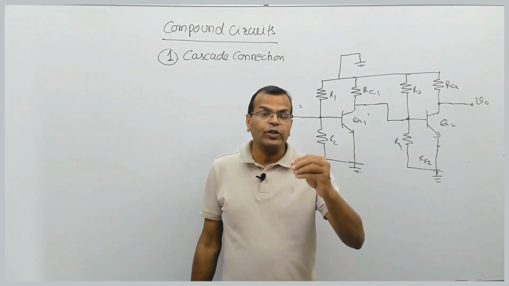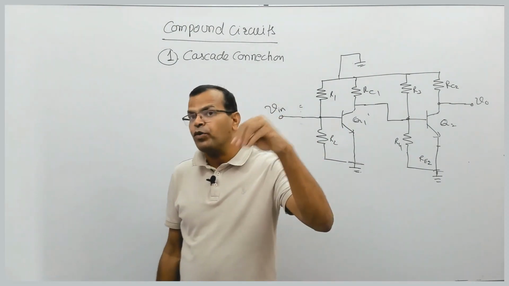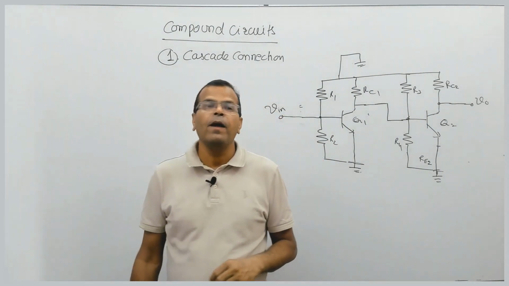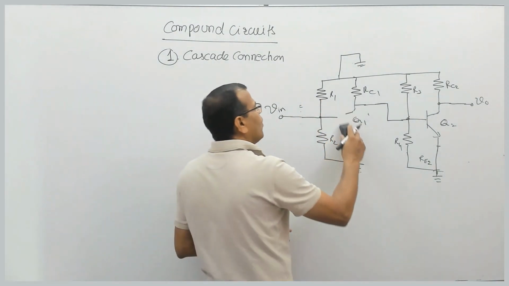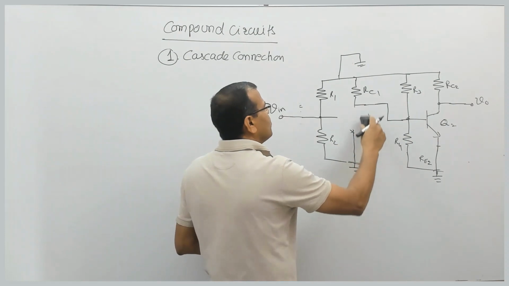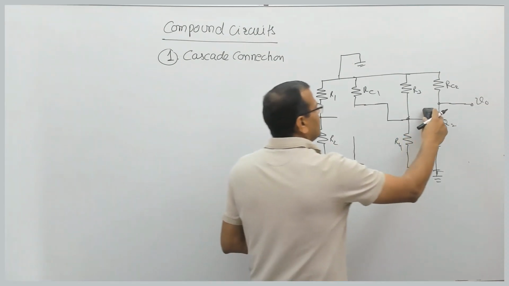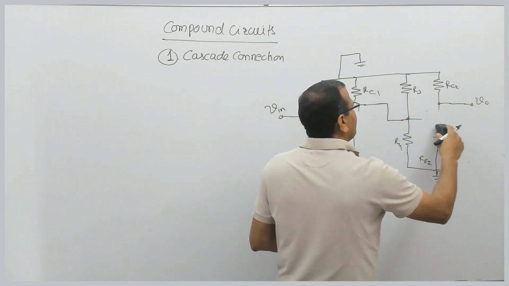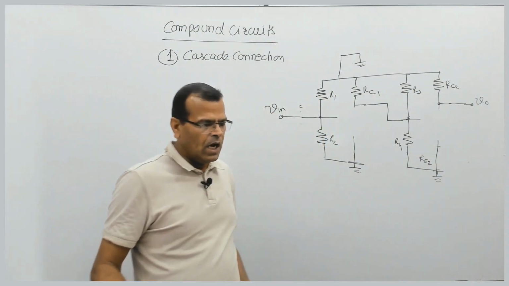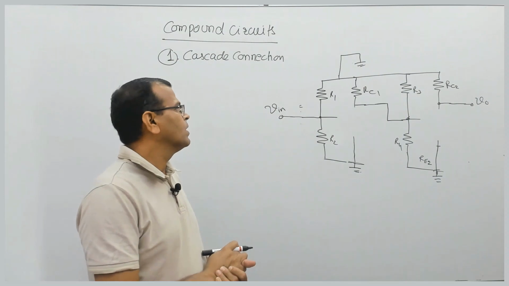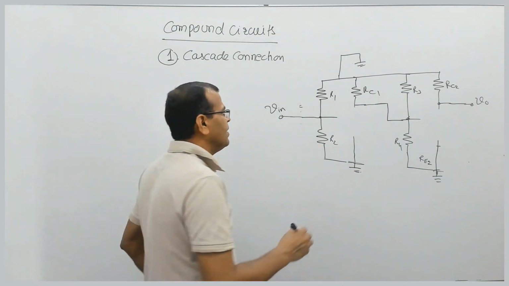So it is your choice, or it depends on the type of question given to you in the exam. Here for simplification, I will be going for the r pi model of BJT. So both BJTs of input and output stages are replaced by their r pi model.